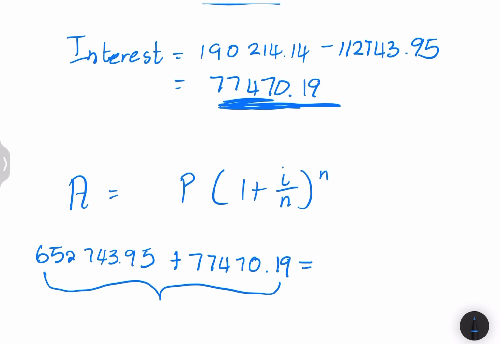This would be equal to the principal amount, 652,743.95, times 1 plus 0.075 over 12, to the power n. In this case, I'm simply going to look for n.